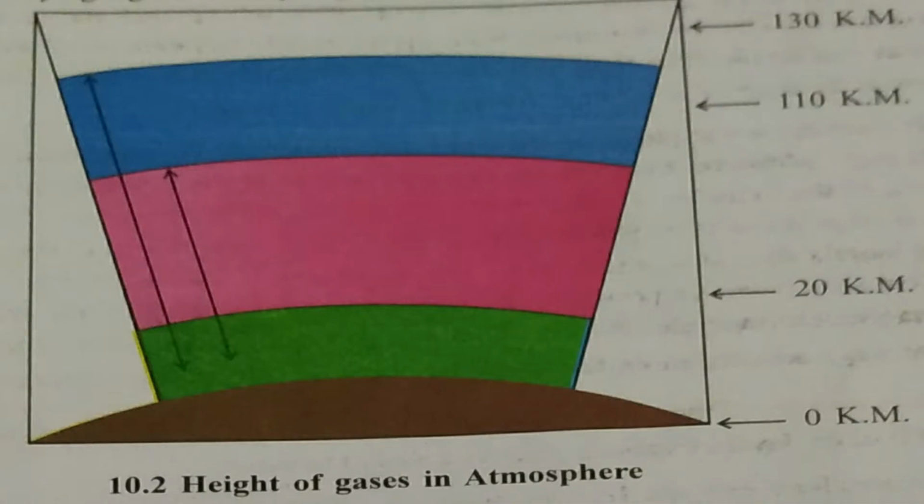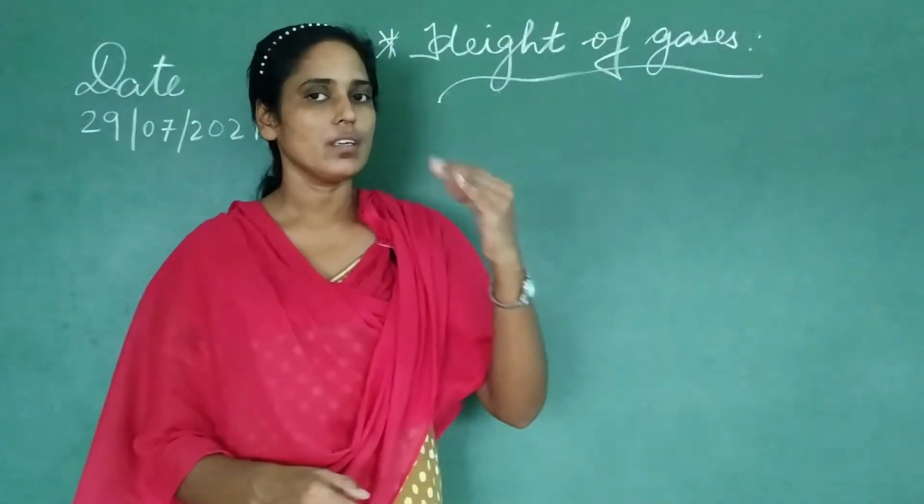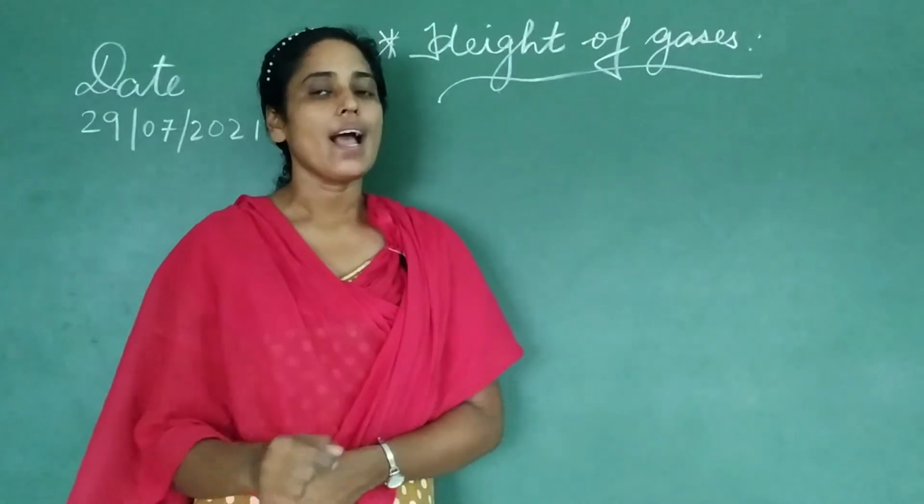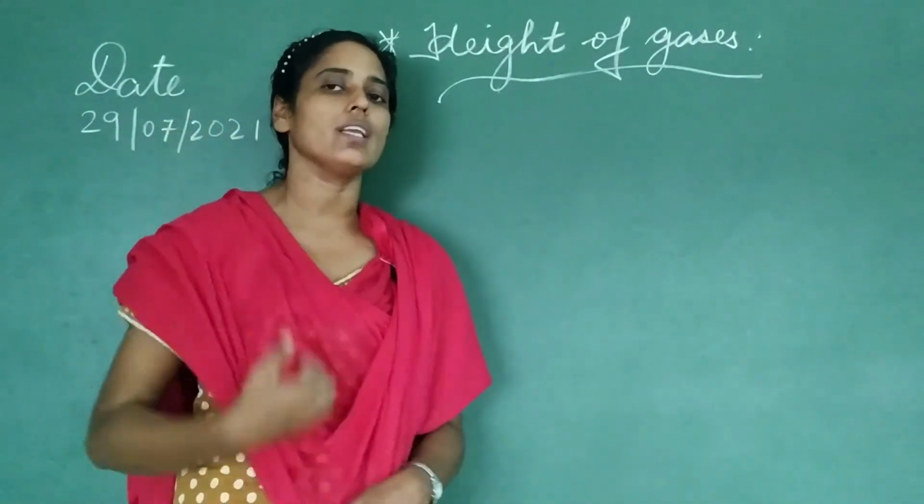See, students? And then hydrogen and helium are the only ones found as you go to higher altitudes. Okay? So we can see very easily that as the altitude increases, the amount or percentage of the denser gases decreases, and the lighter ones, that is hydrogen and helium, increases.